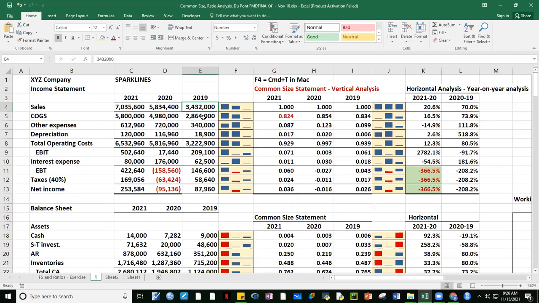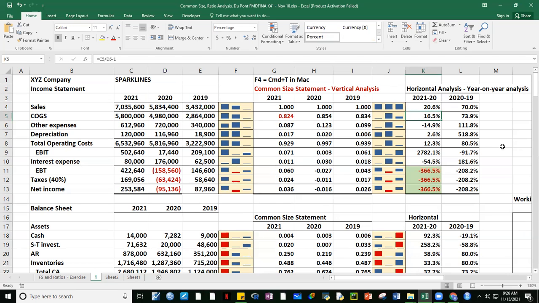So there was a great increase of 73.9% between these two periods, 2019 and 2020. Now, between 2021 and 2020, it increased by 16.5%. So over the years, it seems like the cost ratio has increased tremendously, but it went down to 16.5% in the latest year.